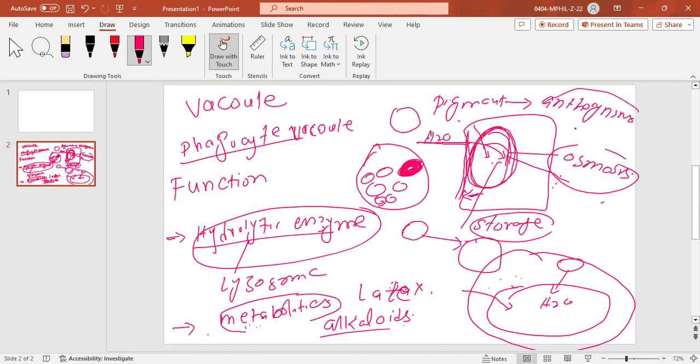This is a pigment. This anthocyanin is present in the vacuole of the plants, which gives different colors to the fruit and flowers, right?